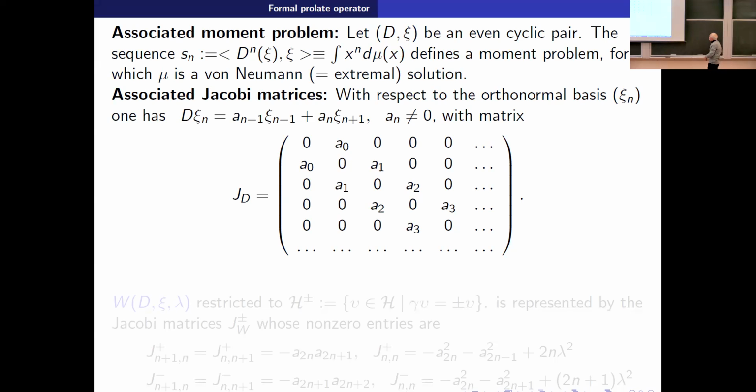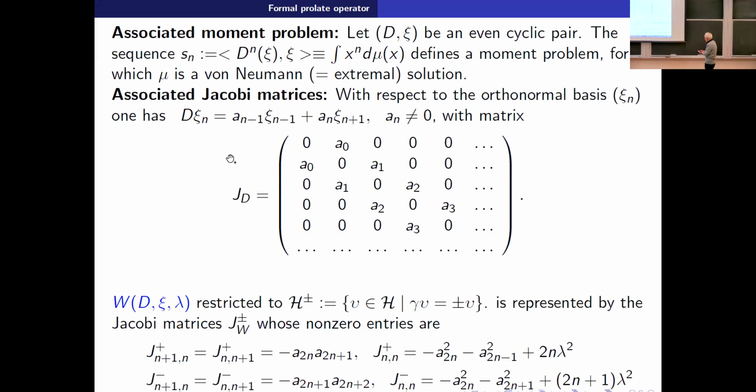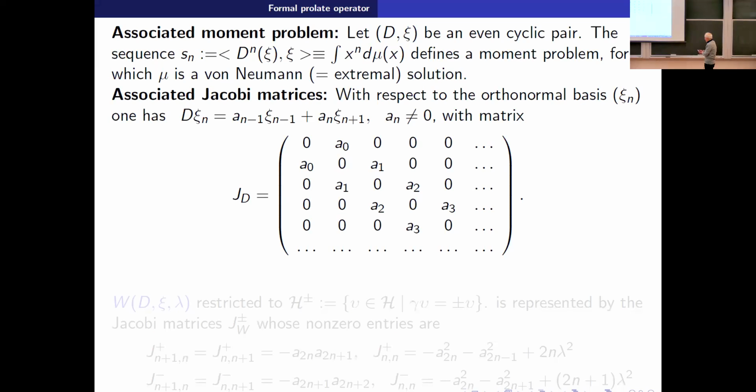The matrix is coming from the fact that D of psi n is only a linear combination of the successor and the predecessor, because by Gram-Schmidt you killed the rest, and the fact that D is self-adjoint.